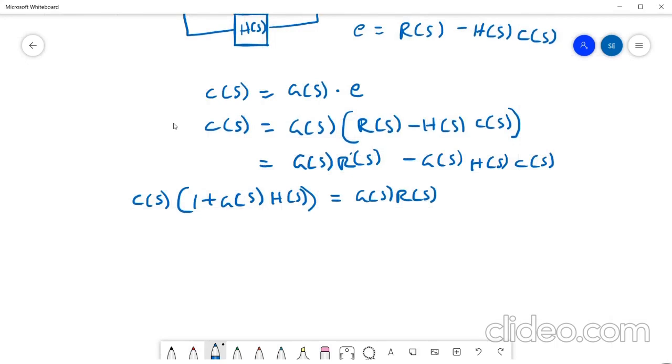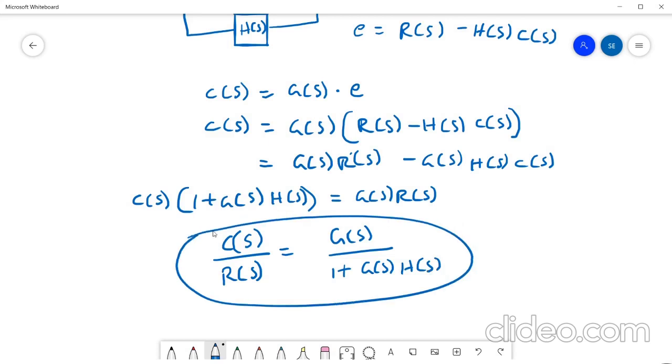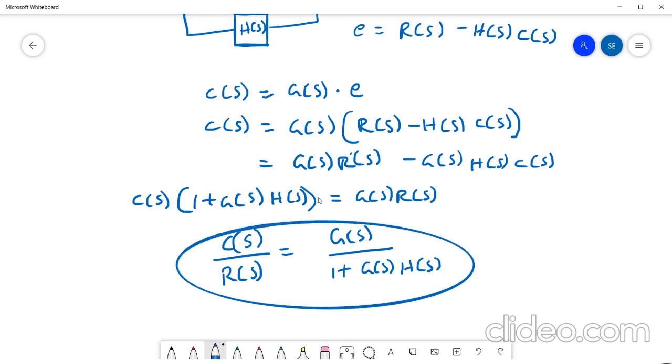C of S by R of S is equal to G of S by 1 plus G of S into H of S. This is a closed loop equation, simple closed loop equation for negative feedback control system.